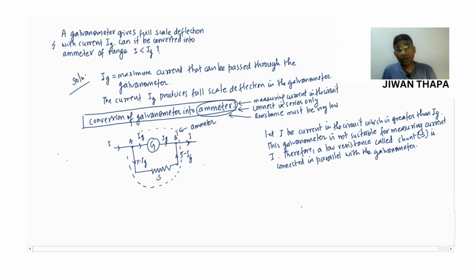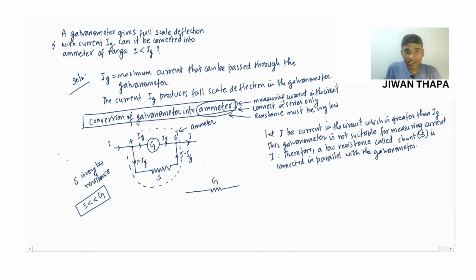So this is to be noted, okay. And what we find in this case is that S is very low resistance. That is, S is very, very much less than the resistance of the galvanometer. So we have this.